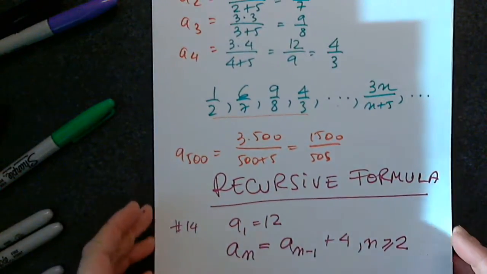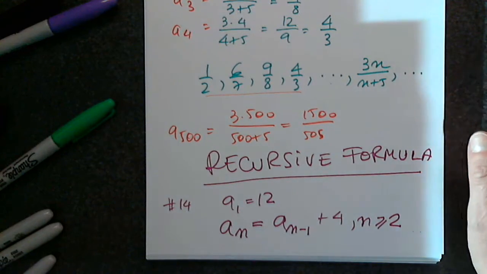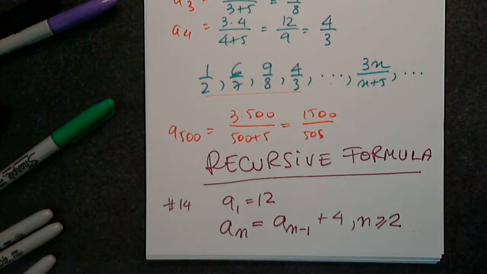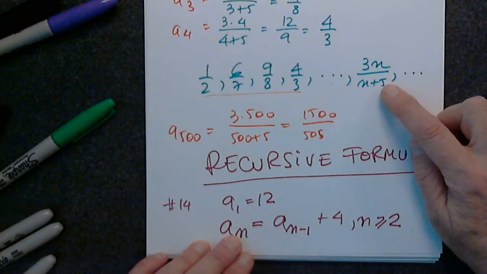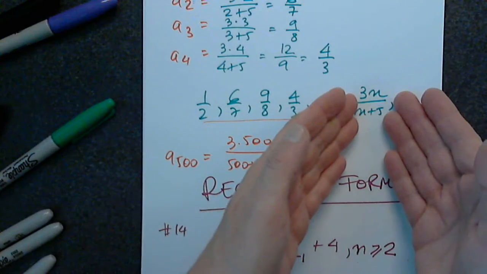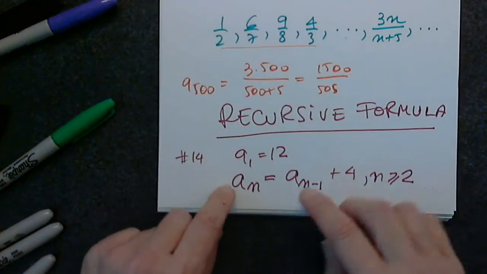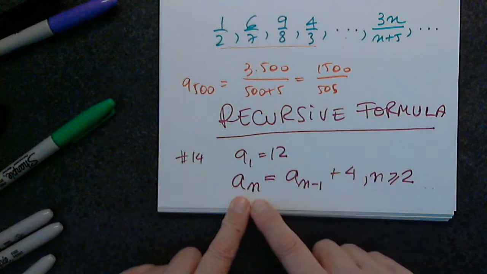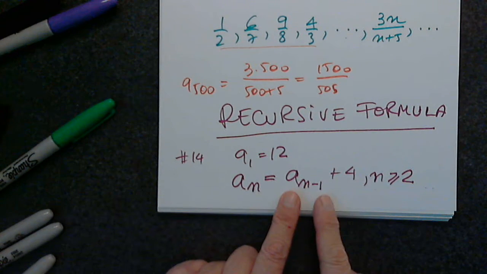So let's look at the difference between this term, which is the general term here. See, this is the general term. It does not depend on the term before it. But this generic term, this time, depends on the term before it.